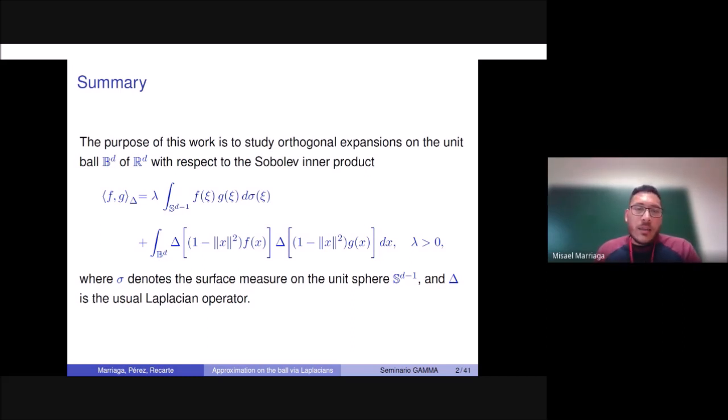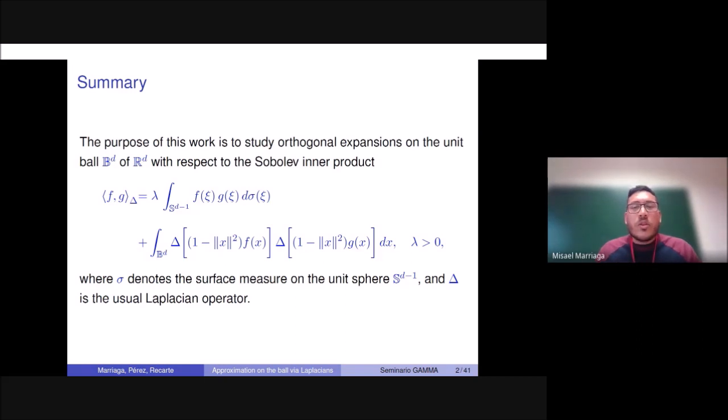The idea of this work is to extend this inner product into something that includes the boundary of the domain, in this case the sphere. That's why we are adding this term right here, so that we can control the values of the function on the boundary. And of course, this is a Sobolev inner product because it includes differential operators. As you can see here, we have the Laplacian acting on both of the functions, and that's why this is a Sobolev inner product.